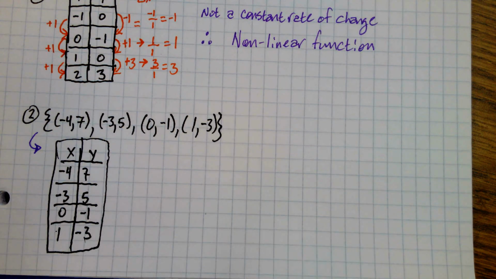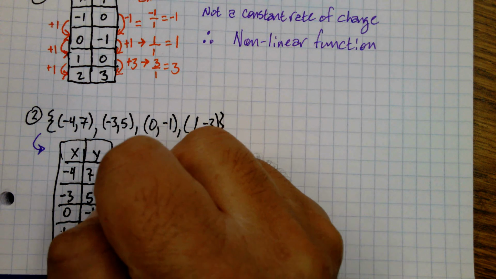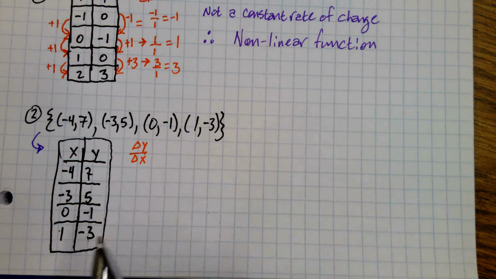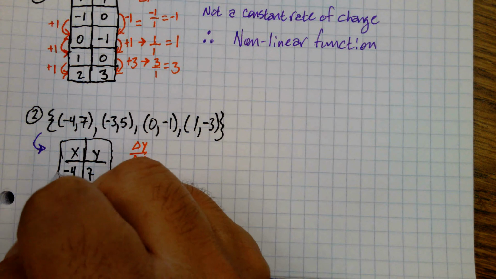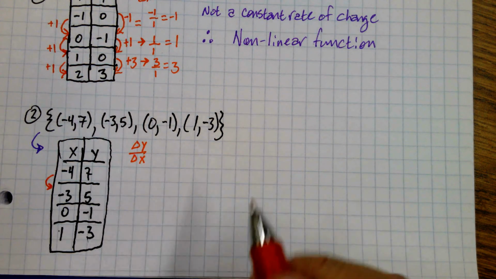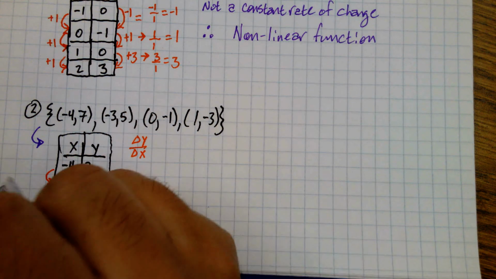We're always going to look at our change in y over change in x. Let's see what we get. So we're going from -4 to -3. What's our change? +1.